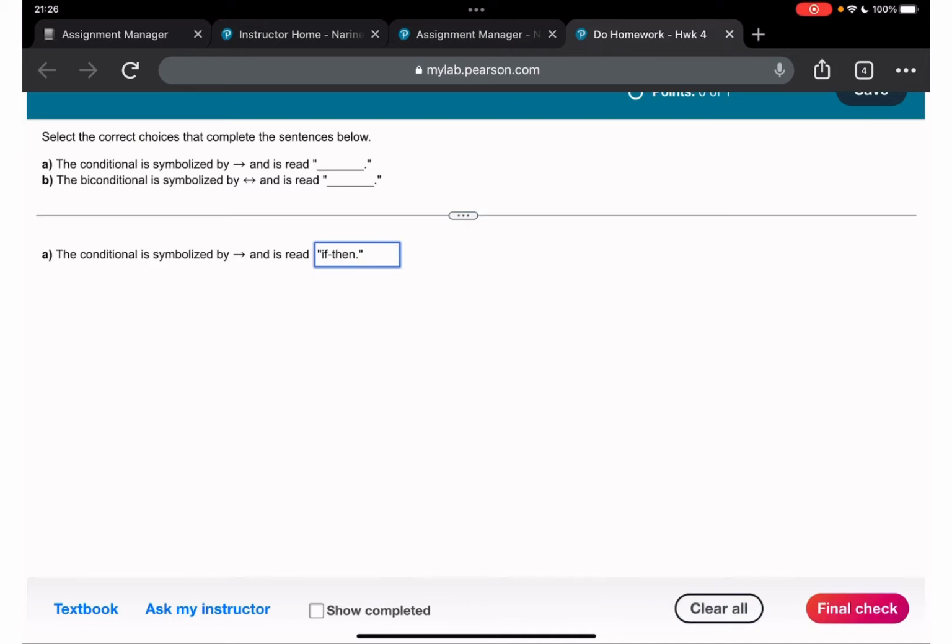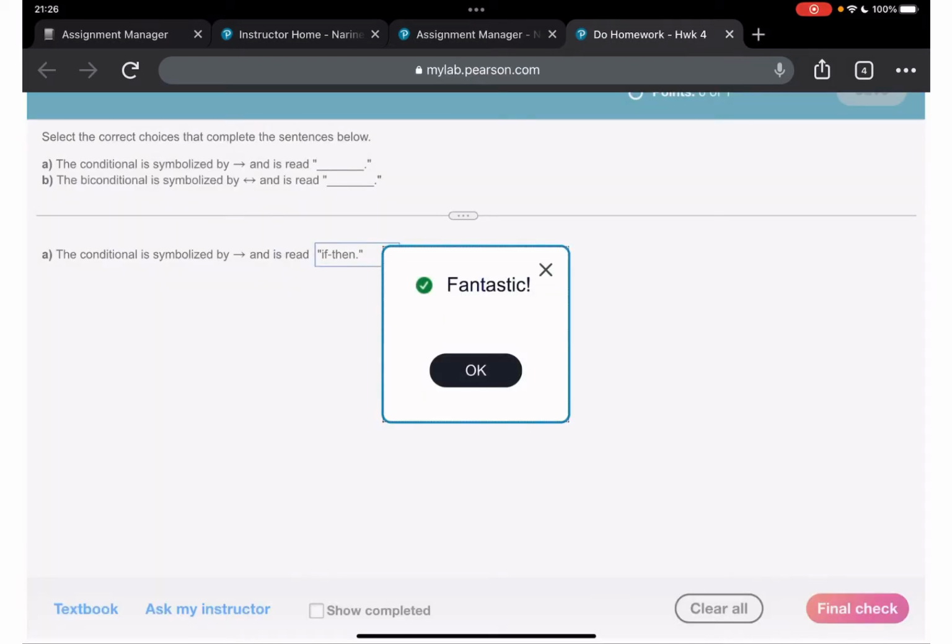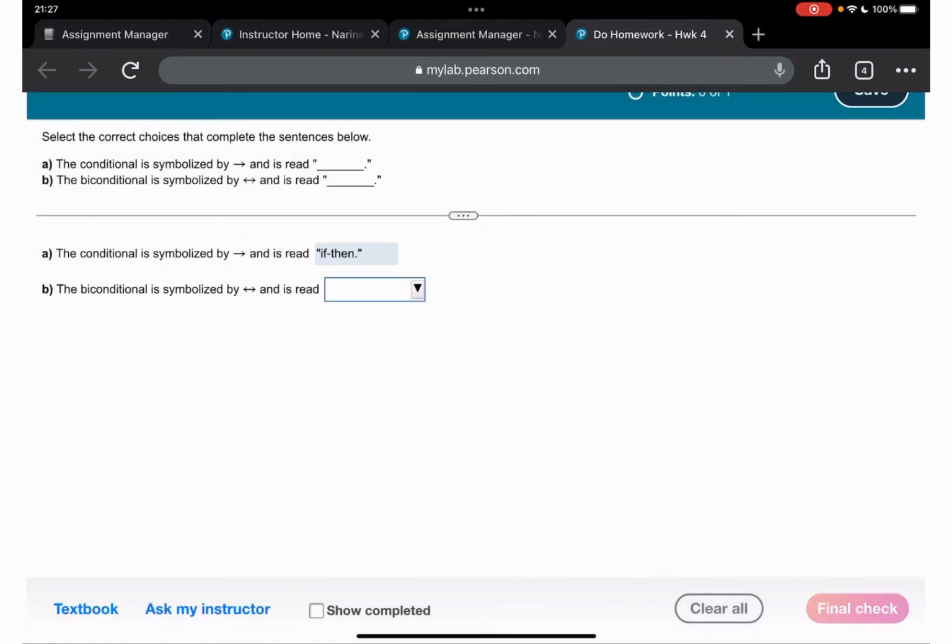So the symbol arrow means if-then. Final check. Fantastic. Question B, the biconditional, meaning arrow both ways, is going to be read if and only if. This is going to be the case.